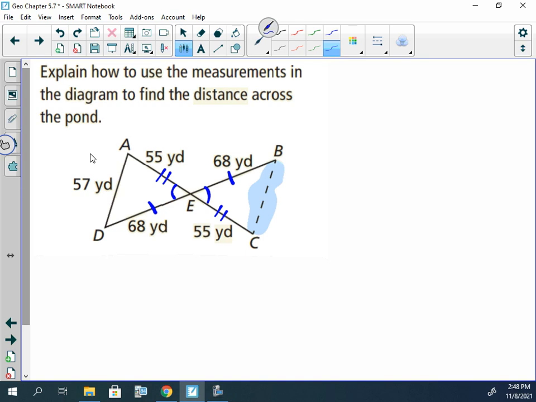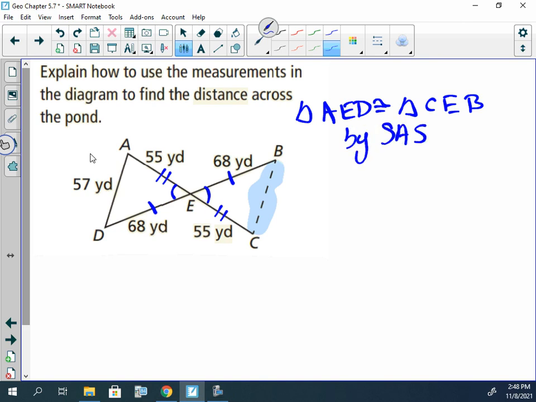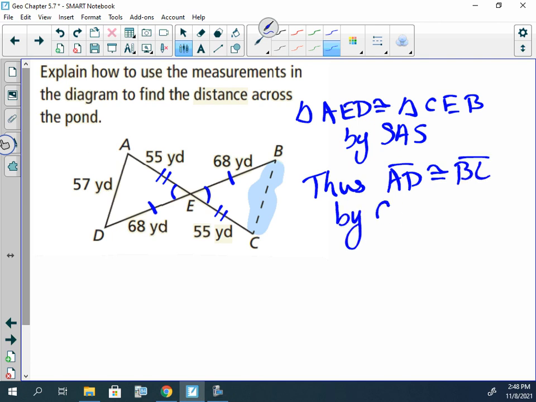So we can say that triangle AED is congruent to triangle CEB by side angle side. Thus, AD is congruent to BC by CPCTC.